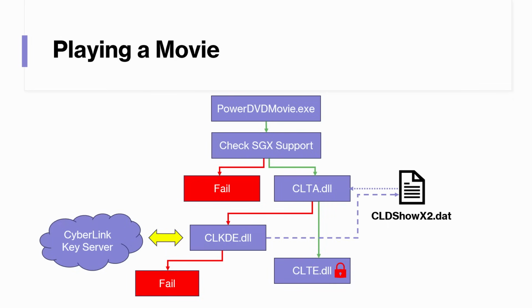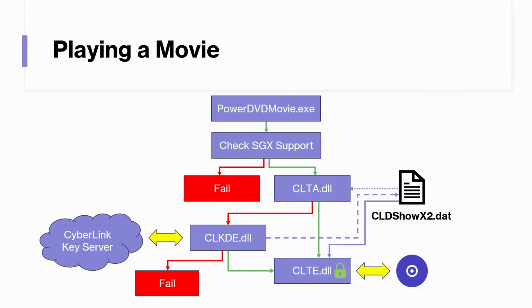If it does work, we download the keys, decrypt them, seal them, and write them to this file. And then, again, transfer control to CLTE. That, upon starting, first runs the PCL wrapper stub, which will unseal the PCL key from this blob, decrypt the actual contents of the real CLTE enclave, and then that will finally talk to the Blu-ray drive, HDCP, and do the movie playback.